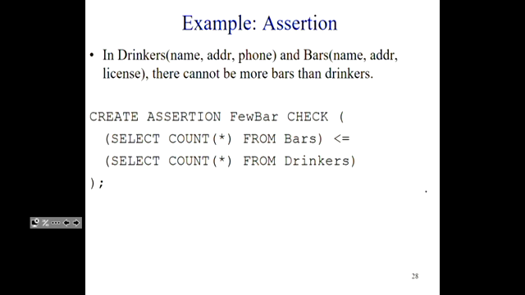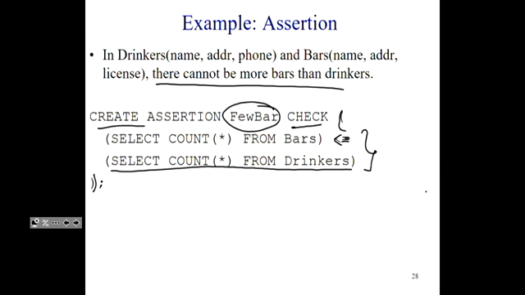Okay, so here I'm checking that the count of bars is always less than or equal to the count of drinkers. Okay, very straightforward. Pretty much any general condition involving subqueries and general constructs that you'll use in conditions can be used within this assertion. Questions about this?